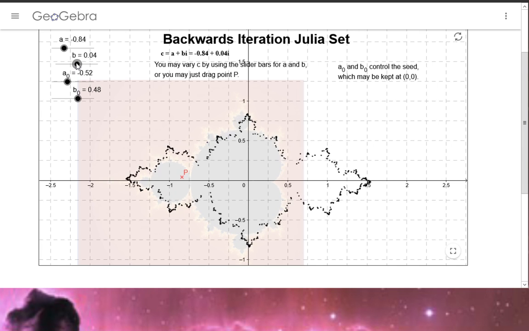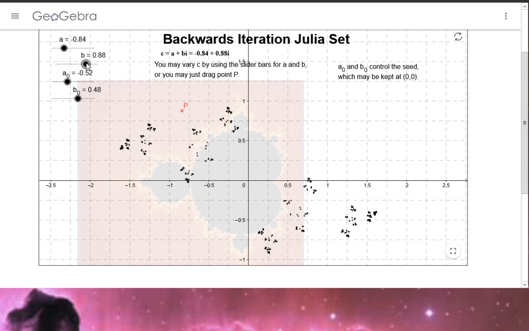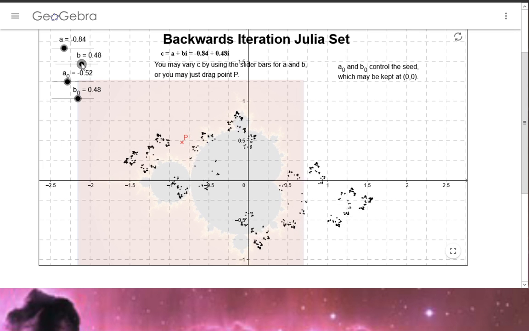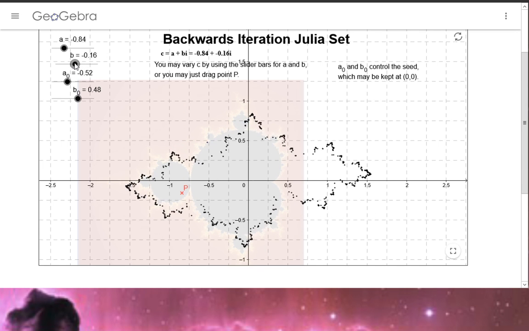See, that's skewing the Mandelbrot set. Notice how the boundaries come together.